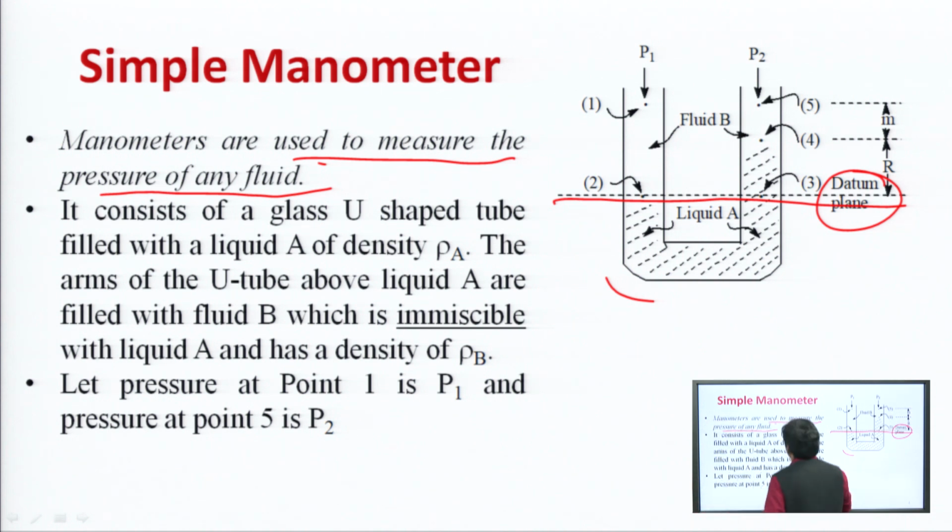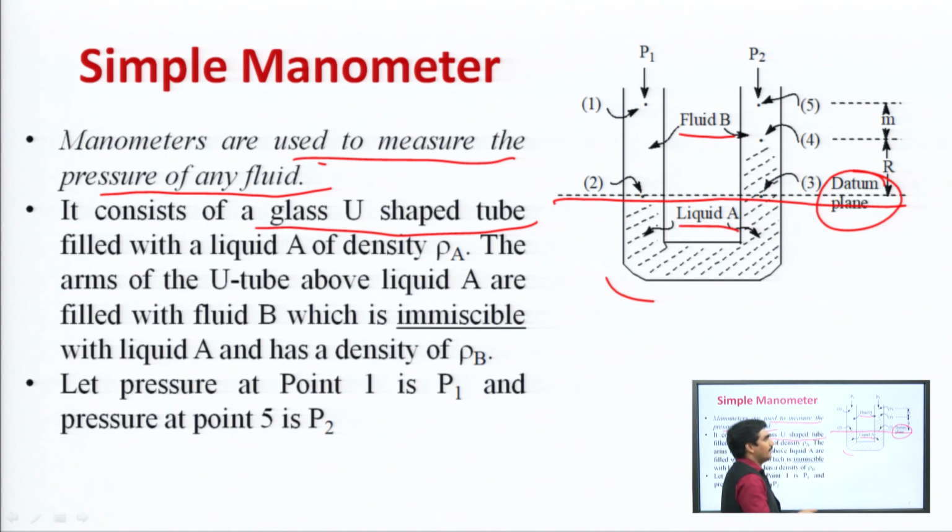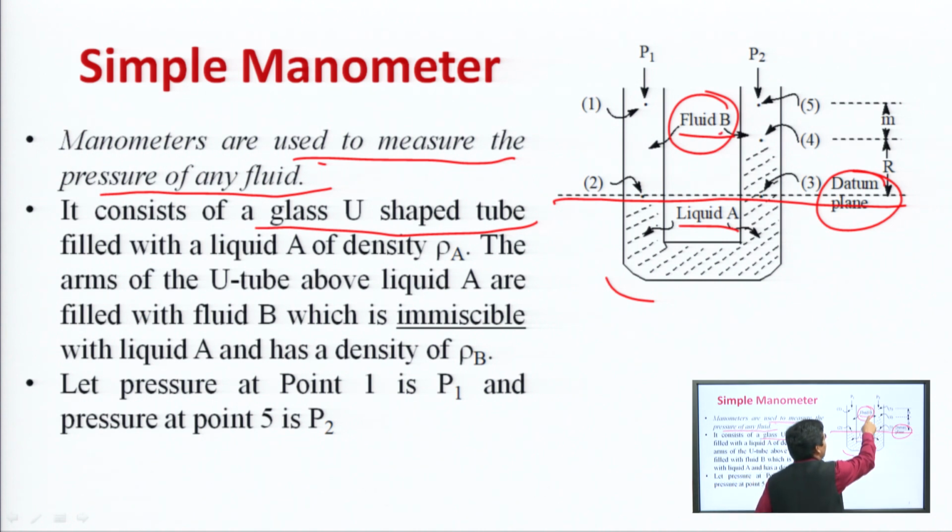It consists of a glass U-shaped tube in which two fluids are filled, liquid A and fluid B. Here I have used the term fluid because fluid includes both liquids and gases.